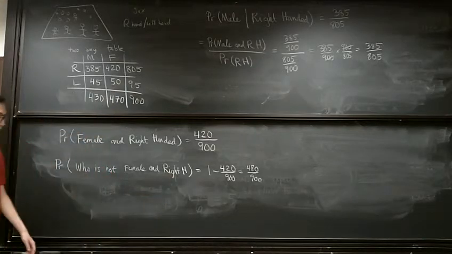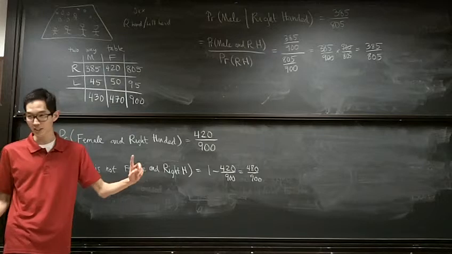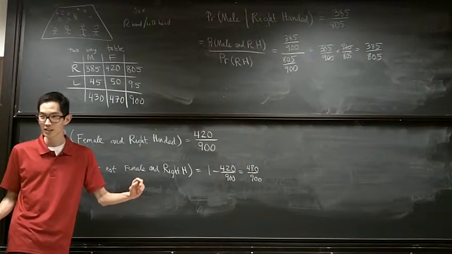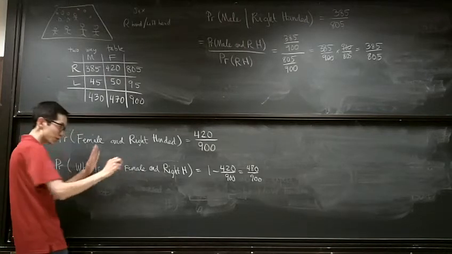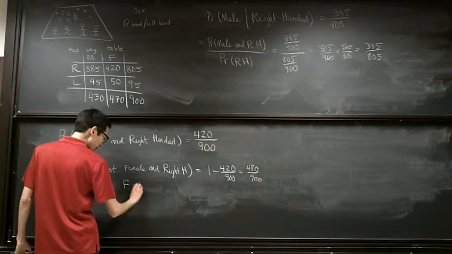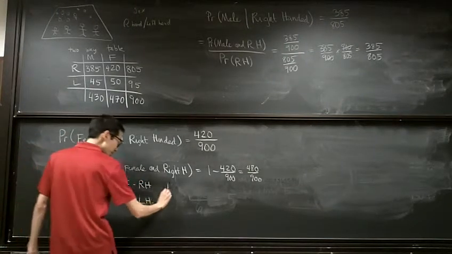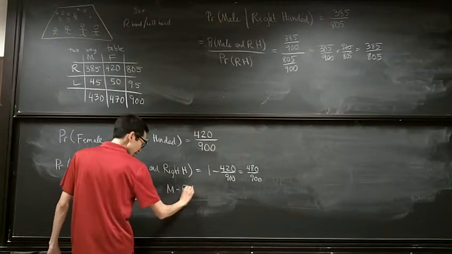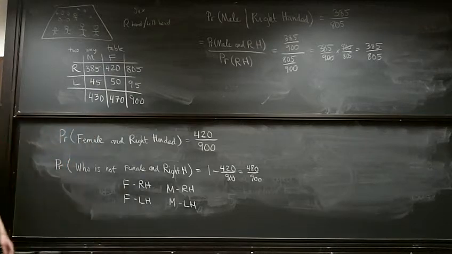So who counts as not female and right-handed? Okay, so there are 4 categories of people. We've got females who are right-handed, females who are left-handed, males who are right-handed, and males who are left-handed. Who is not female and right-handed?